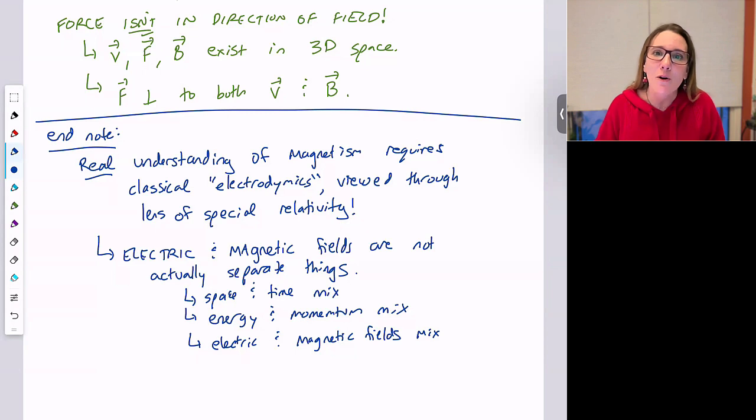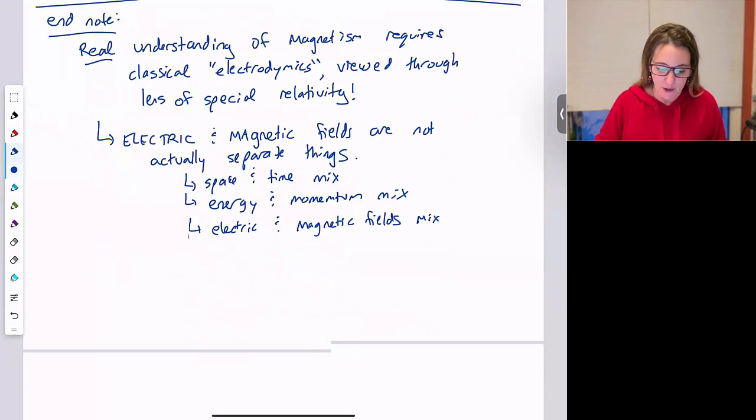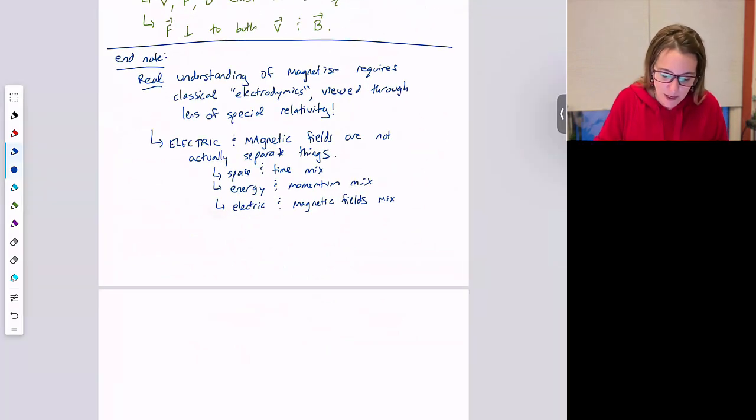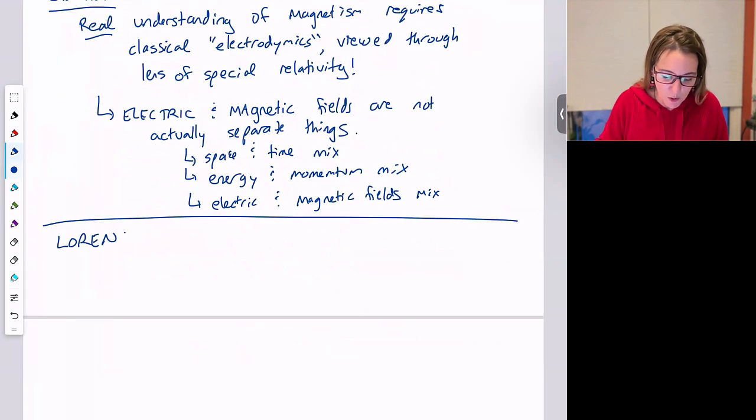But I did want to just put it out there that magnetism as a force is not really at its core fundamentally a different force than the electric force, and that it's just an electromagnetic field that gets mixed. It's kind of like this one big idea that gets mixed together, and moving between different reference frames is where the properties of magnetism arise. And so I'll finish by putting it all together with the Lorentz force law.